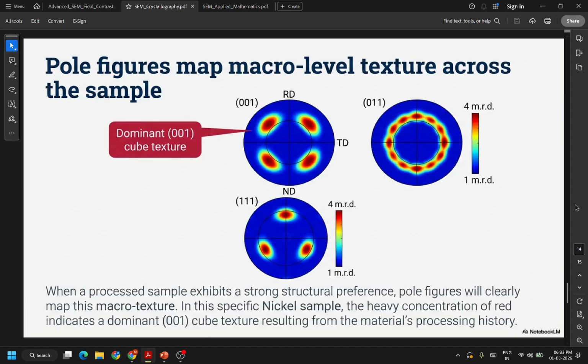And then pole figure maps can give you macro level texture across your sample. So your 001 will look like this, 101 will look like this, and 111 will look like this.